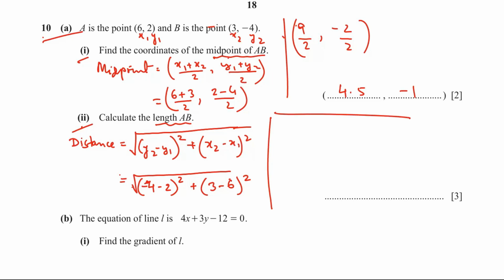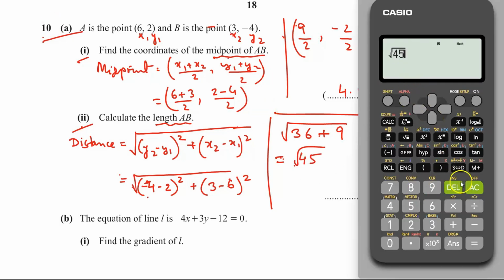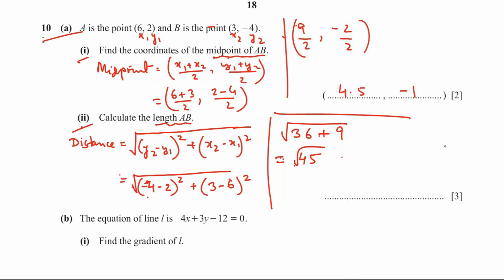That gives me the square root of (minus 4 minus 2, which is minus 6, squared, which is 36), plus (3 minus 6 is minus 3, squared is 9), so the square root of 45. The square root of 45 is 6.708. Let me round this to 3 significant figures, that is 6.71.